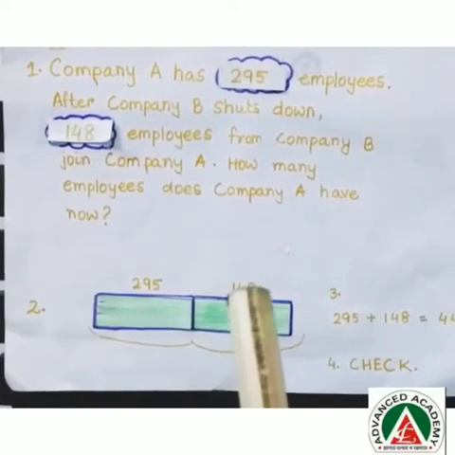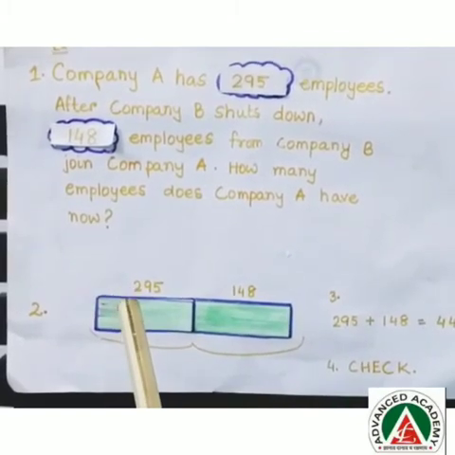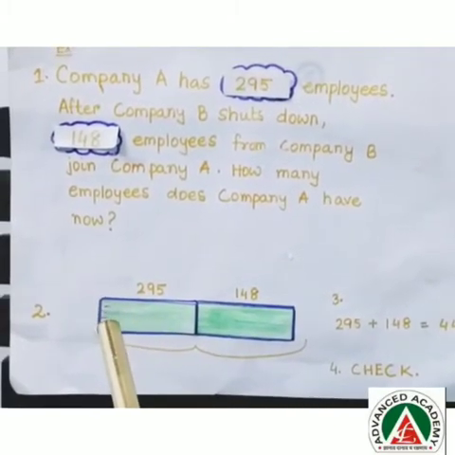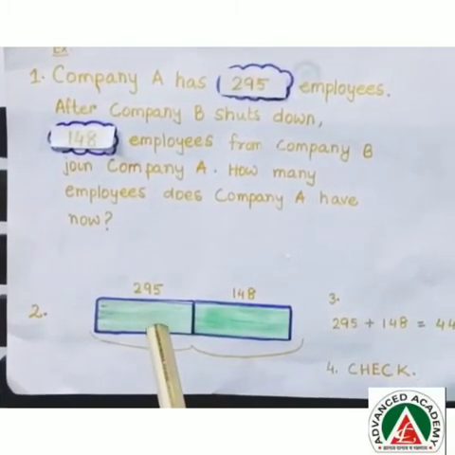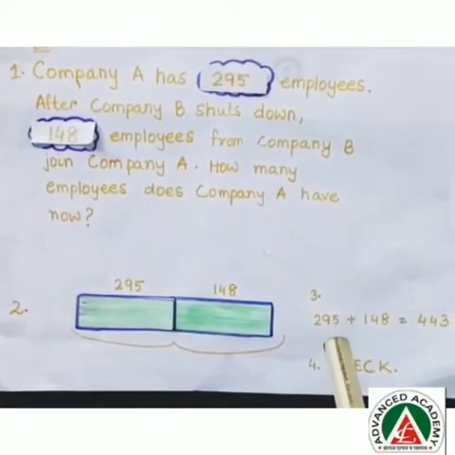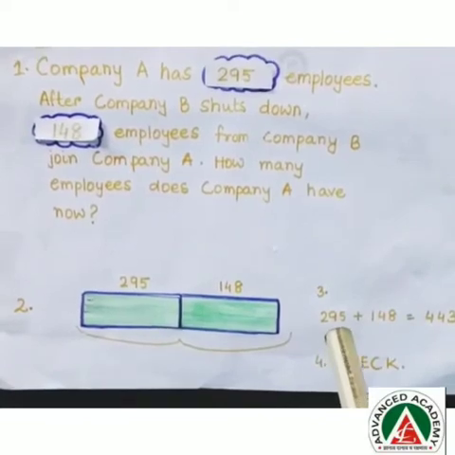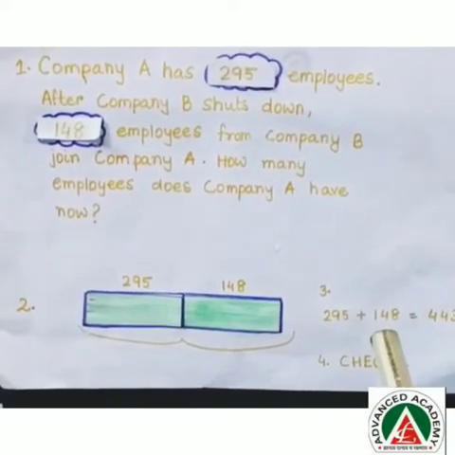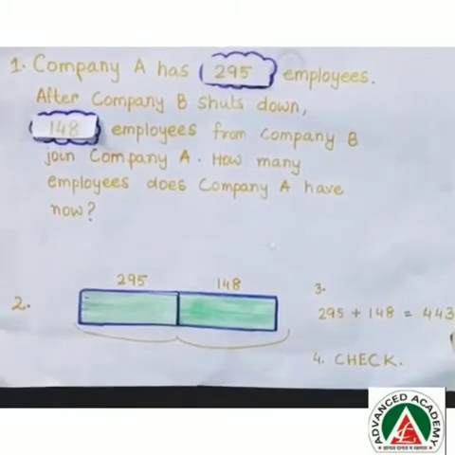Now these 148 employees join Company A. So now we have to know altogether how many employees are there in Company A. So when we solve the problem, we get 295 plus 148 is equal to 443 employees.